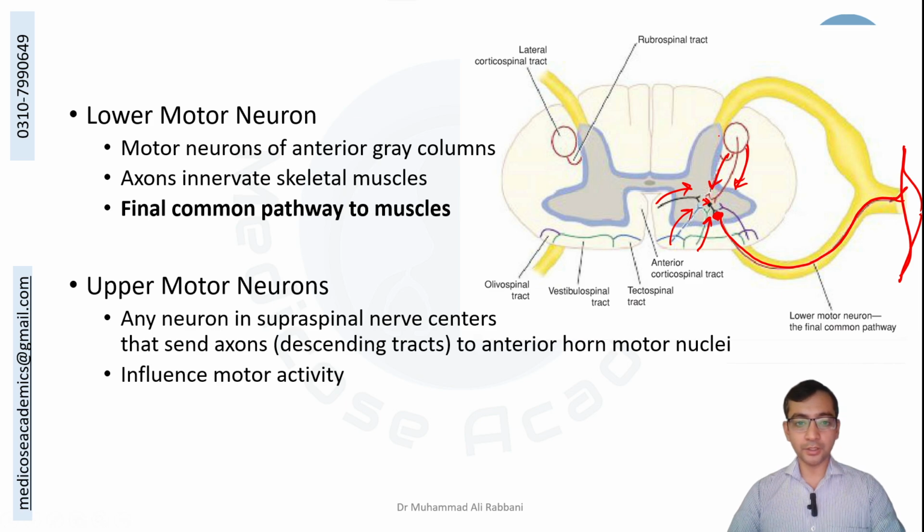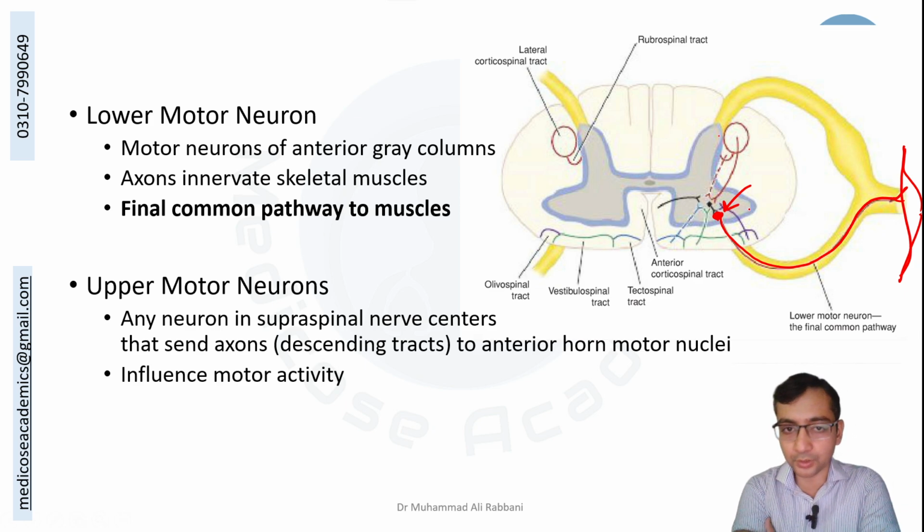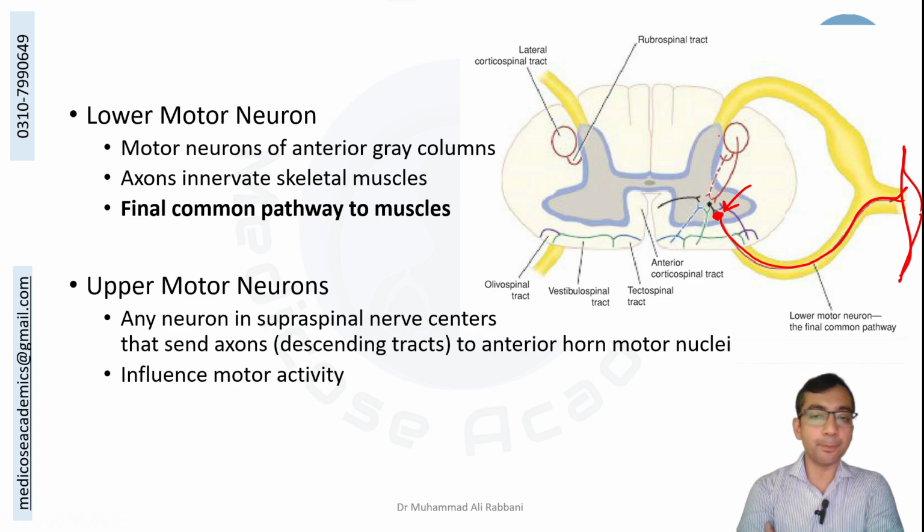All the neurons in the pathway except the final neuron are upper motor neurons, and this neuron, the alpha motor or gamma motor neuron, that makes a neuromuscular junction without anyone intervening, is the lower motor neuron.